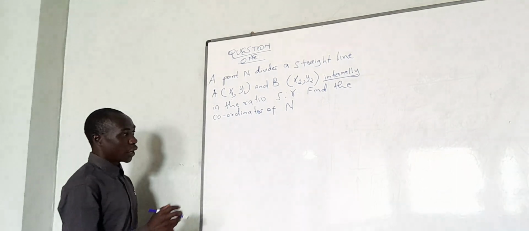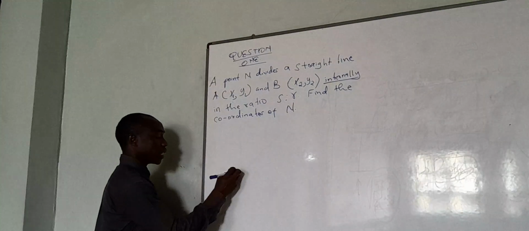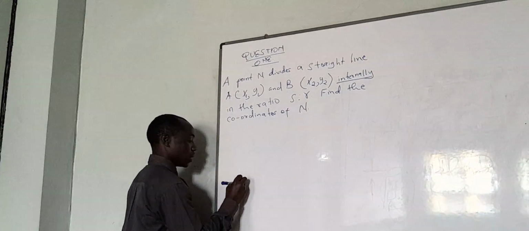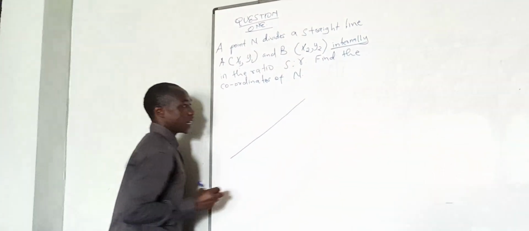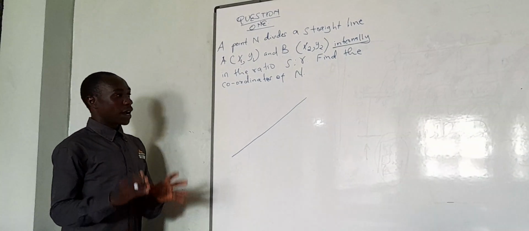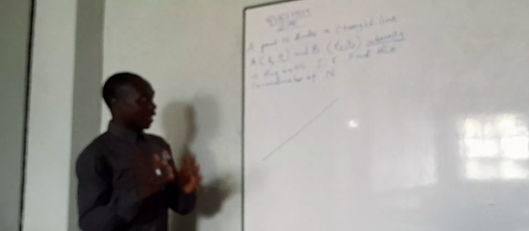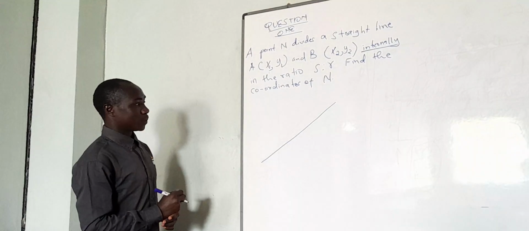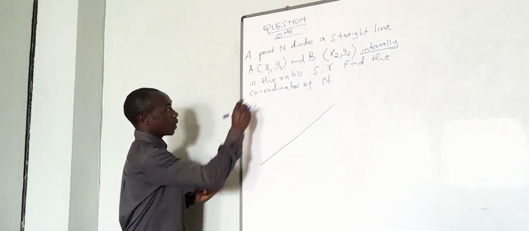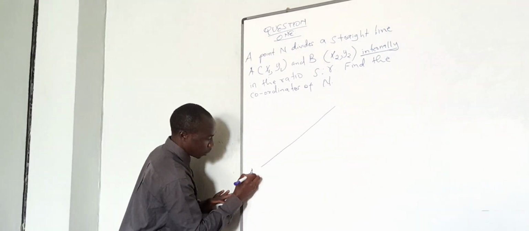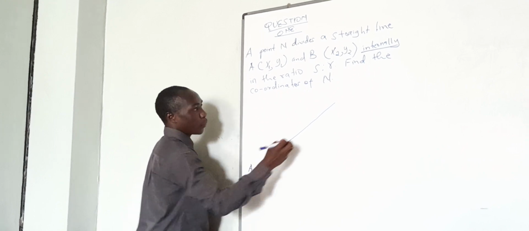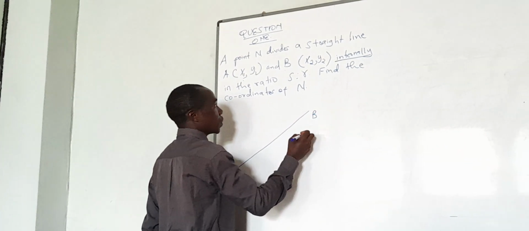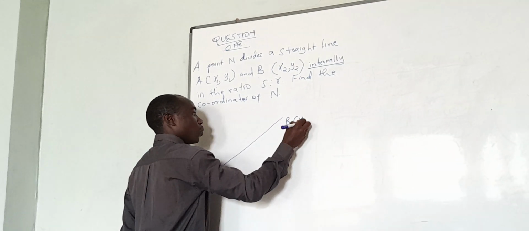So you must ensure that you draw the line such that it looks like the hypotenuse of a triangle. After drawing the line, you mark the points: point A with x1, y1, and point B with x2, y2.